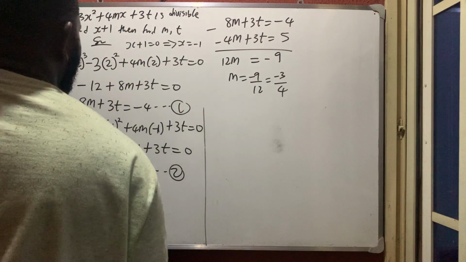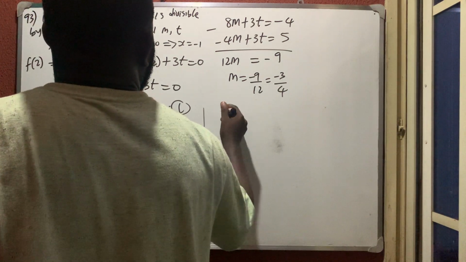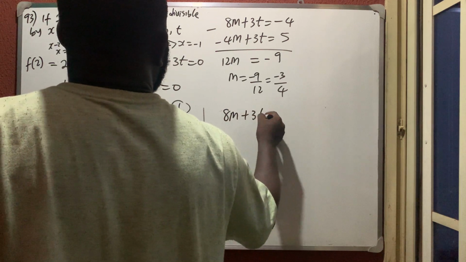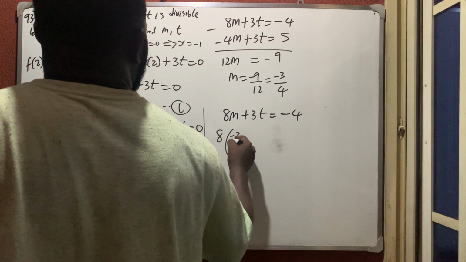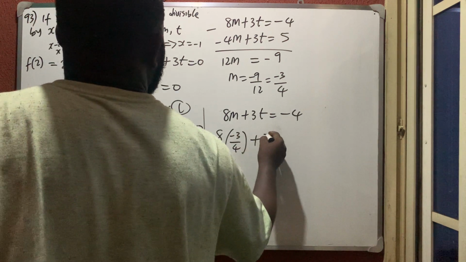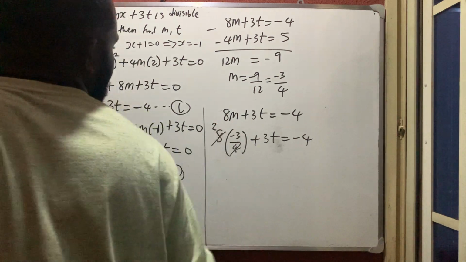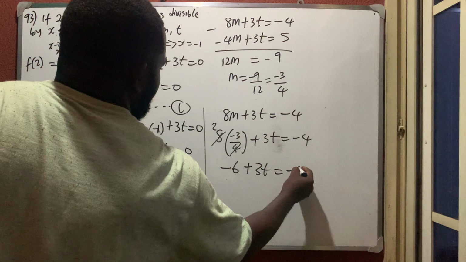So how do we get our t? We will now say that, which one do I use? Let me say that 8m plus 3t is equal to minus 4. So 8 in bracket of minus 3 over 4 plus 3t is equal to minus 4. This into this is 2. 2 times this is minus 6 plus 3t is equal to minus 4.